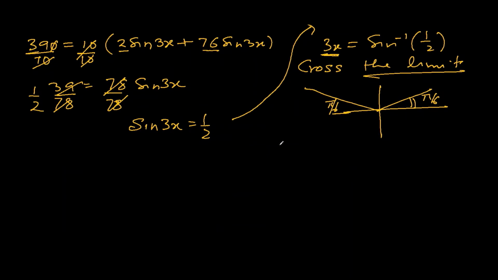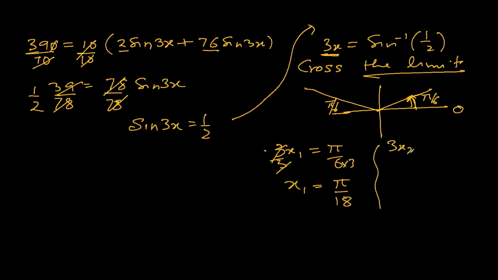First, 3x1 will be equal to pi by 6 itself. We start from 0 and reach to the line here, which is pi by 6. So x1, first answer, is divide by 3, pi over 18. Second answer, 3x2 will be this angle. Go to the second line, which is pi minus pi by 6.